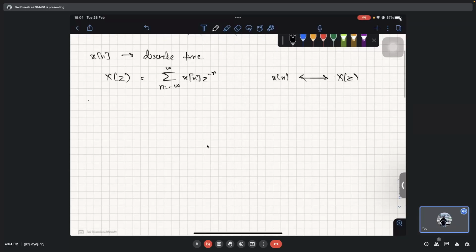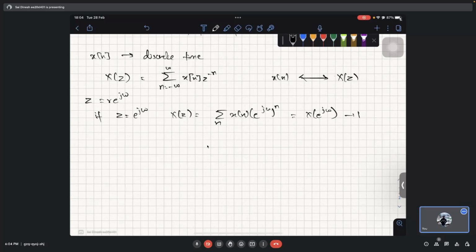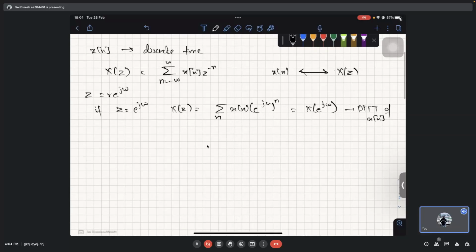Here z is a complex number where z is equal to r e to the power j omega. If z is equal to e to the power j omega, X of z is equal to the sum over n of x of n times e to the power j omega whole power minus n, which is the DTFT of x of n. So this is the Z transform and the DTFT of a signal.